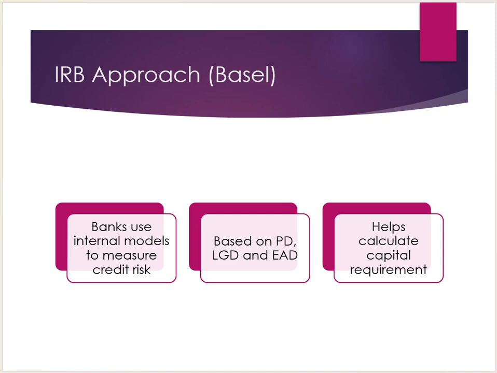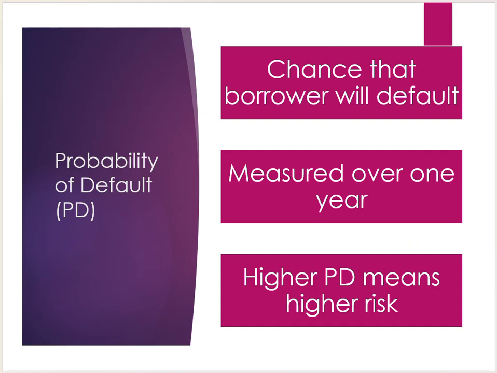So let's discuss step by step what the probability of default, loss given default and exposure at default are. The first one is probability of default. Probability of default is the chance that the borrower will default. When the bank gives someone a loan, what is the probability that the borrower will default? If the borrower's probability of default is high, then the chance that the borrower will default is very high.